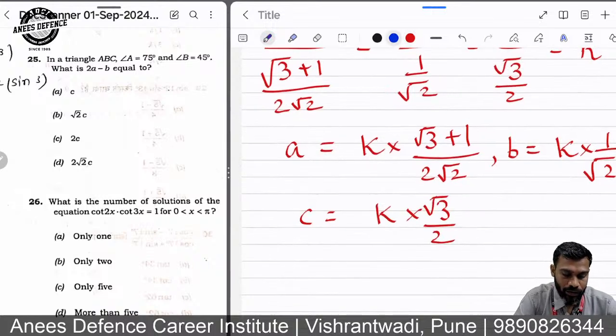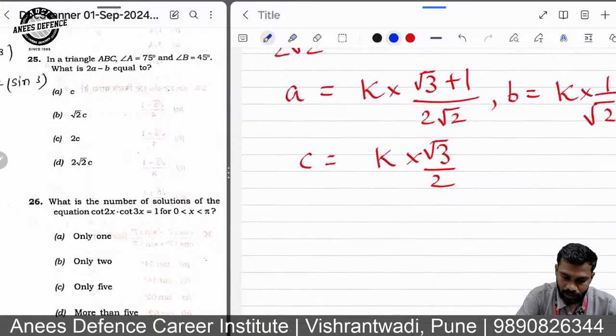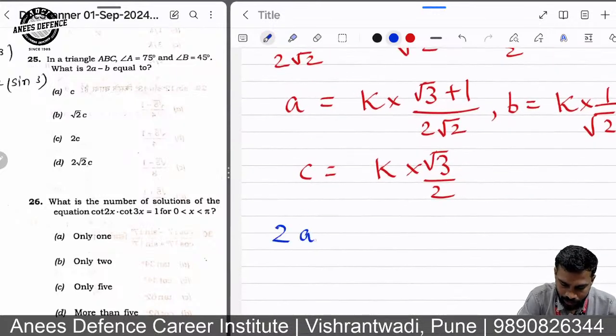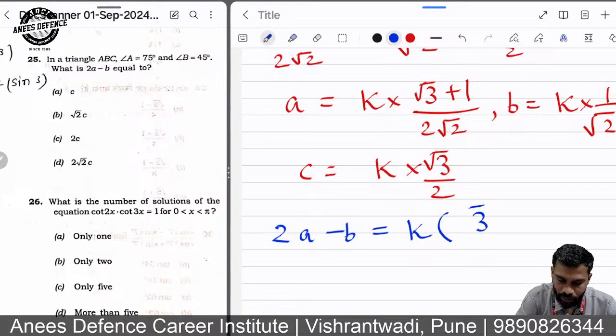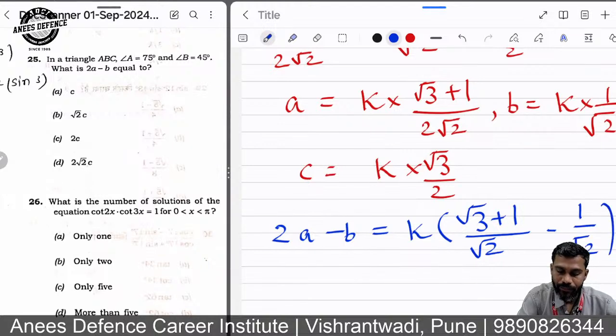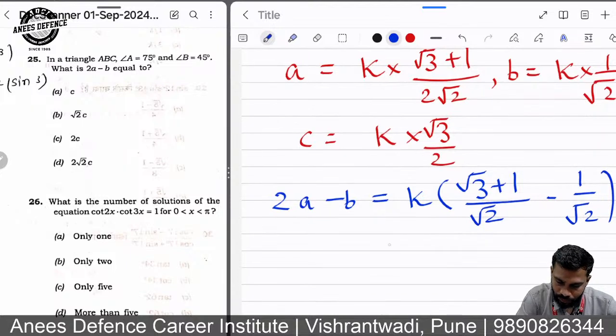Now we need to find out the value of 2A minus B. So from here, I can write 2A minus B is equal to K taken common, and here we have got root 3 plus 1 upon root 2 minus 1 by root 2. Right? So this will give you K times root 3 by root 2.